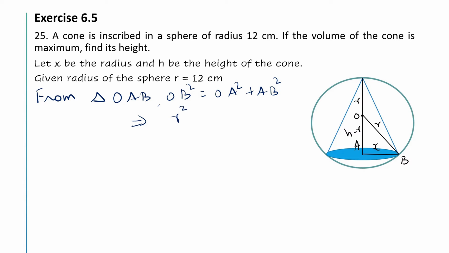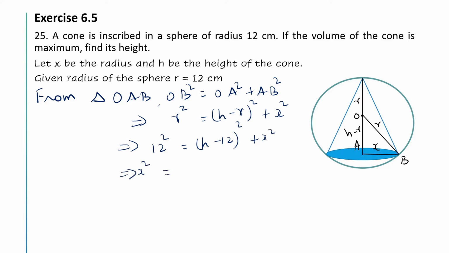So we have R square is equal to OA, which is H minus R, where H is the height of the cone, plus AB square, and AB is the radius of the cone, it is X. So AB square is X square. From this we have 12 square is equal to (H minus 12) the whole square plus X square.